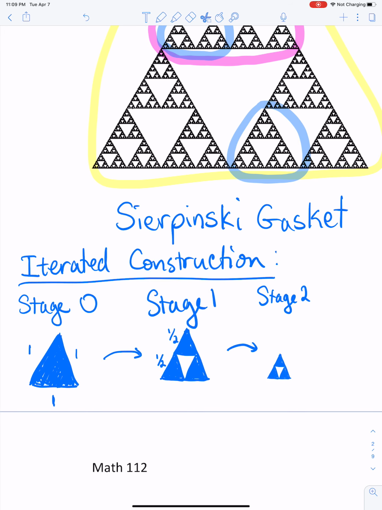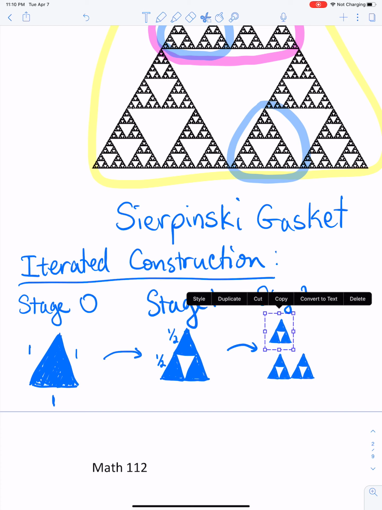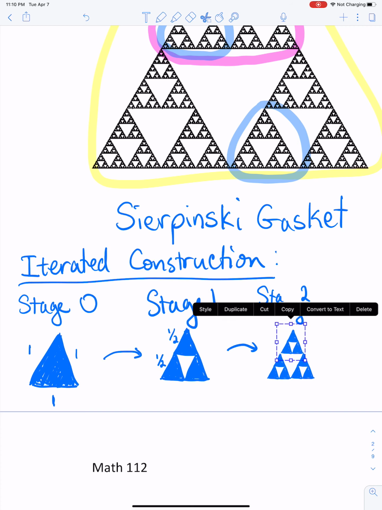Now I'm going to copy, paste, and paste, and then we will put these all together. All right, there's our stage 2 fractal.